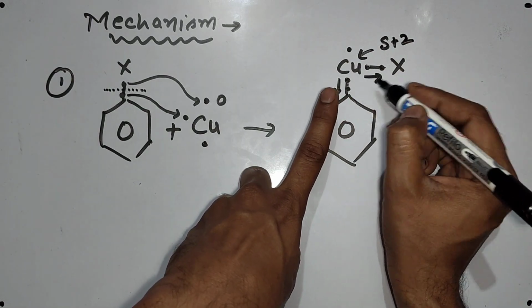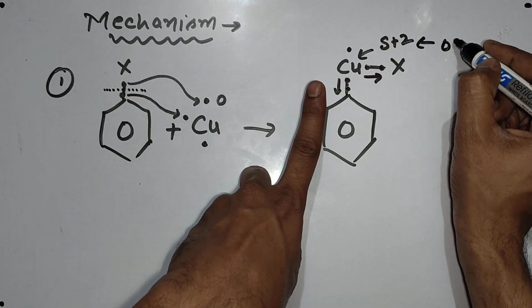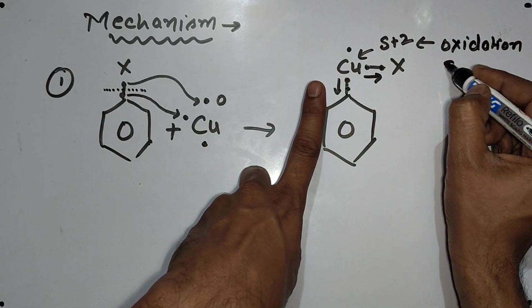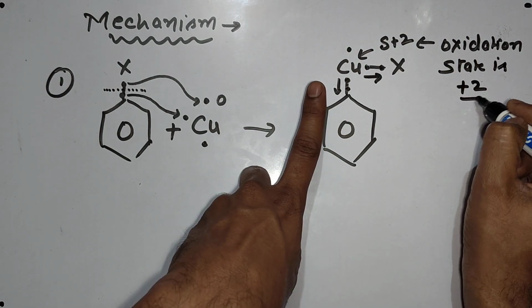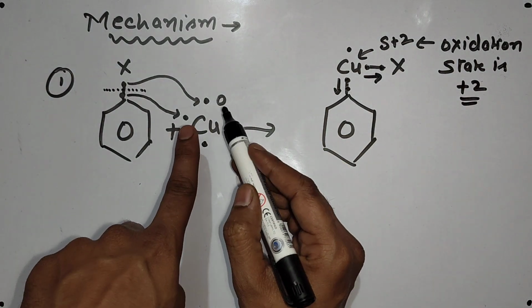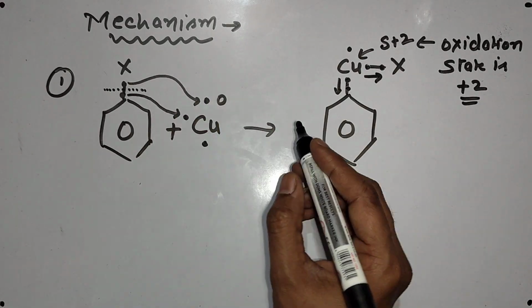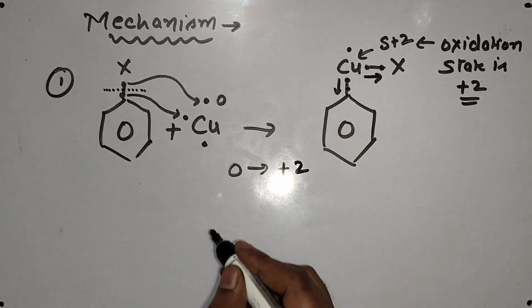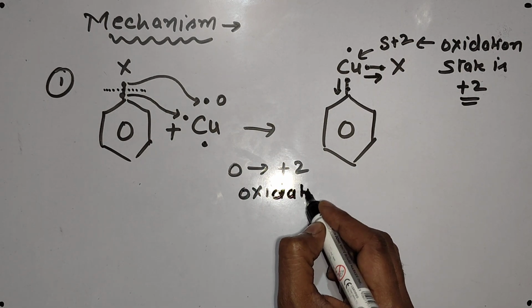Partially it is losing its electrons. Now its oxidation state is +2. In the start the oxidation state was 0, now it is +2. If the oxidation state is changing from 0 to +2, what is happening? Oxidation is happening.